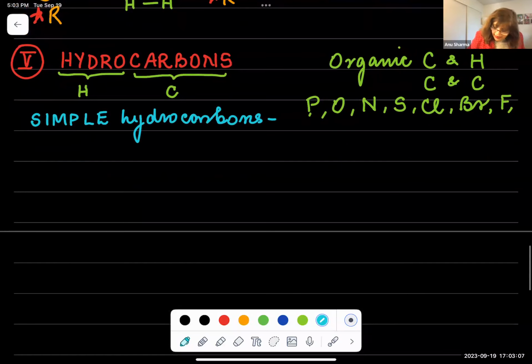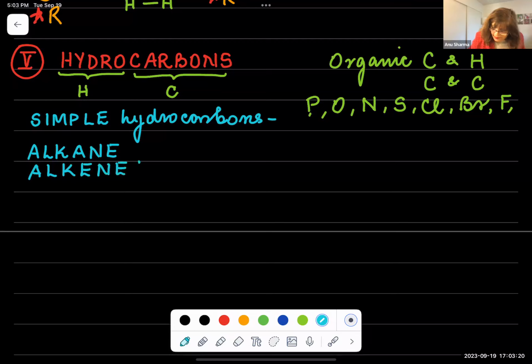There are 3 broad categories: alkanes, alkenes, and alkynes.